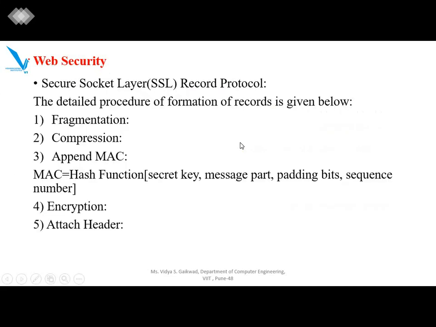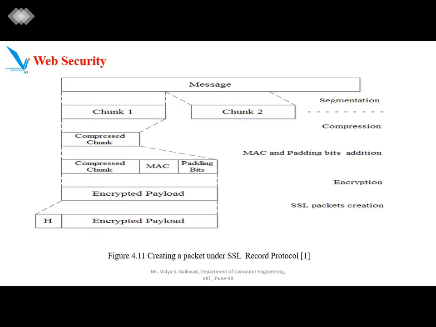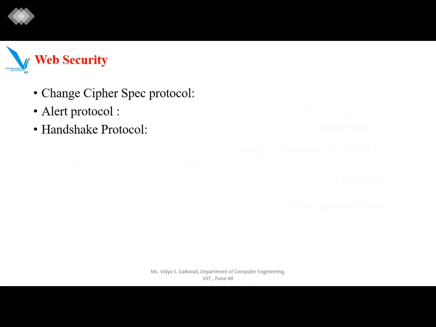So whatever steps we have seen here, fragmentation, compression, appending a MAC, encryption and attaching the header, then your packet gets ready to be transmitted to the other receiver, right? So the SSL record protocol is used to provide confidentiality, applying encryption, and integrity using MAC value to the message which is transferred within a session, right?